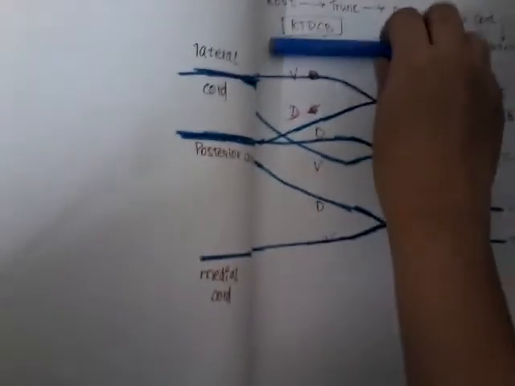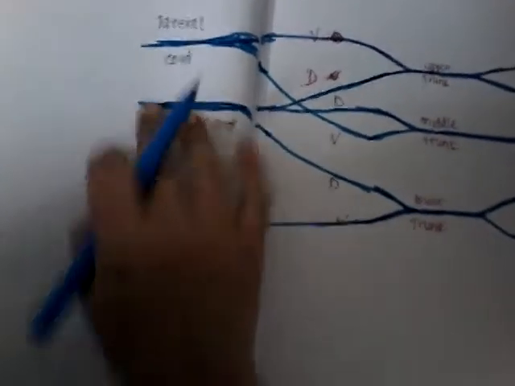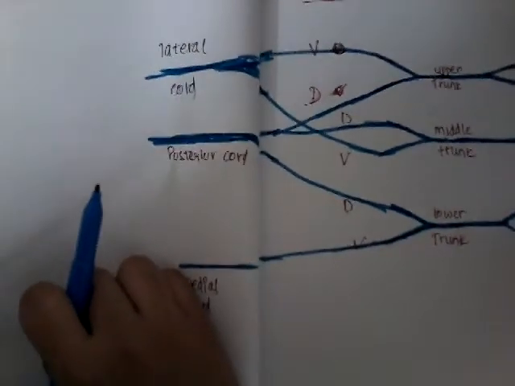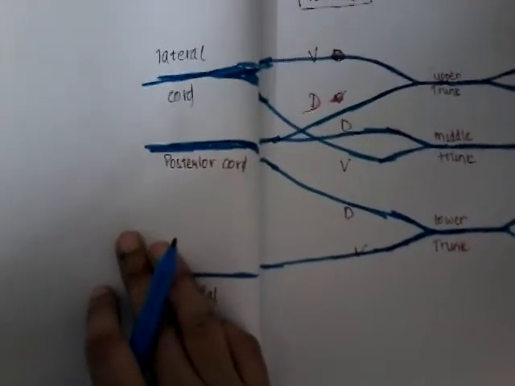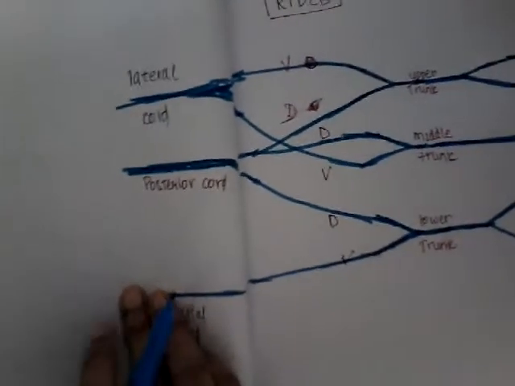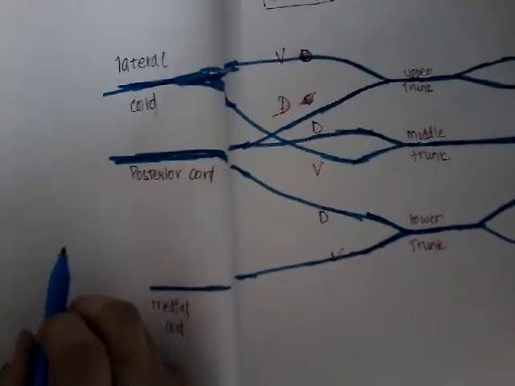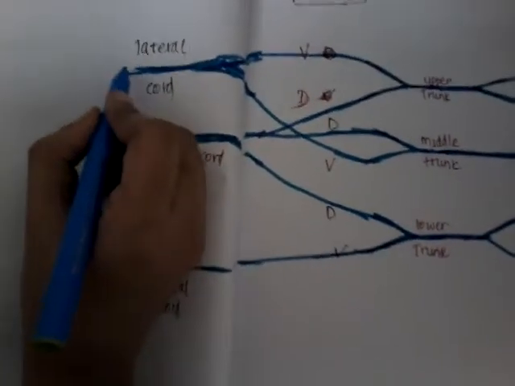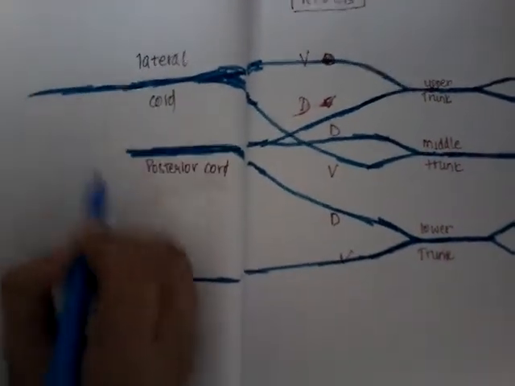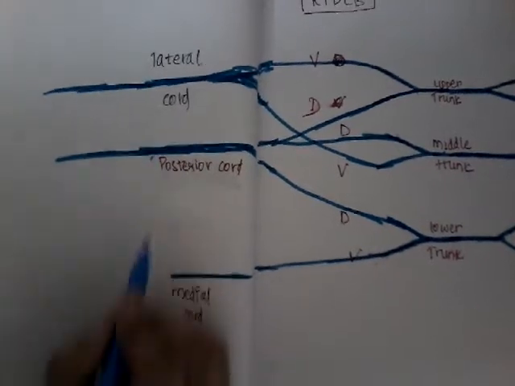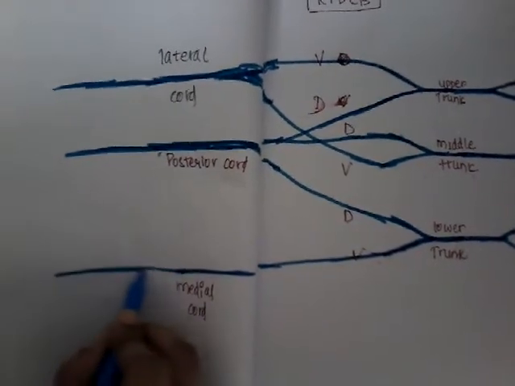So now we will have to learn about the branches that it gives. The branches of the lateral cord are three branches. Lateral cord is here, right? So let us learn about the branches. I'm just extending it so that it becomes easier to plot lots of branches here.